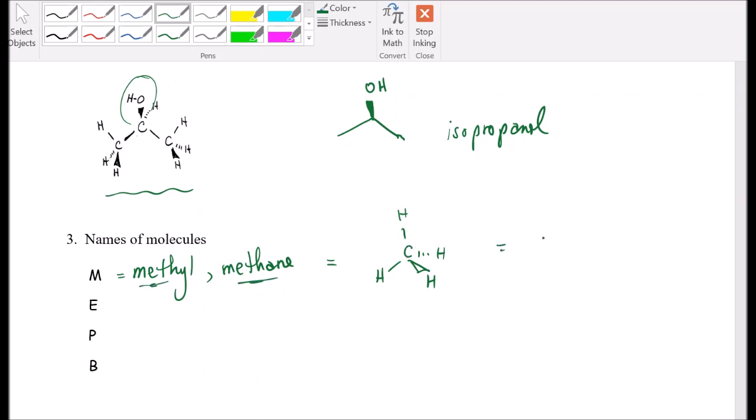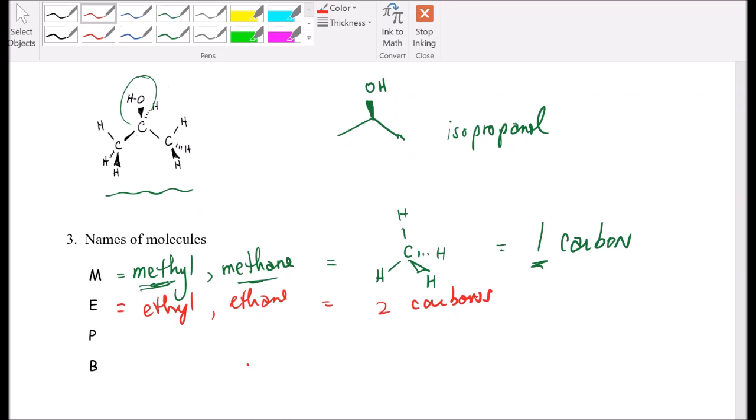And so anytime you see methyl or methane, think a 1 carbon structure is indicated. The second letter here is E. And E stands for ethyl or ethane. Again, if you're English, you say ethane. This will be 2 carbons. So ethyl alcohol is a 2 carbon alcohol. Methyl alcohol is a 1 carbon alcohol.